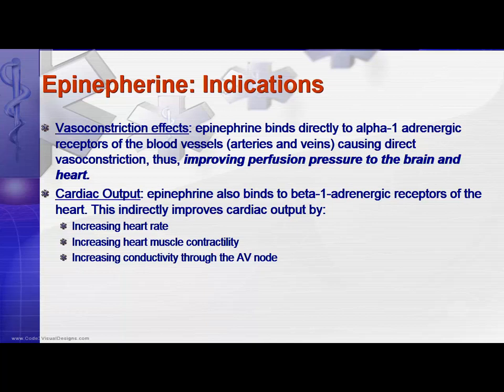If the heart is beating, it will increase heart rate because it is beta 1. Not alpha, forget I said alpha. Beta 1 receptors, increasing heart muscle contractility, so it might help with some inotropy as well. And then increasing conductivity through the AV node. So epi kind of does all 3 of those things. Remember, chronotropy, inotropy, and dromotropy.